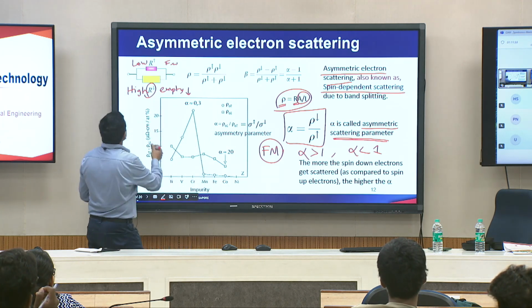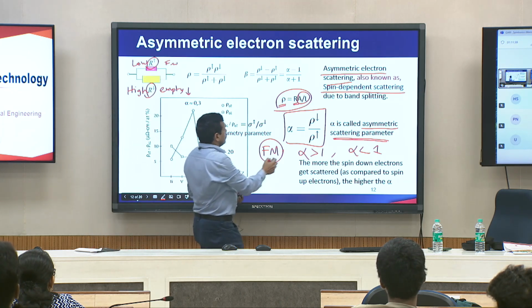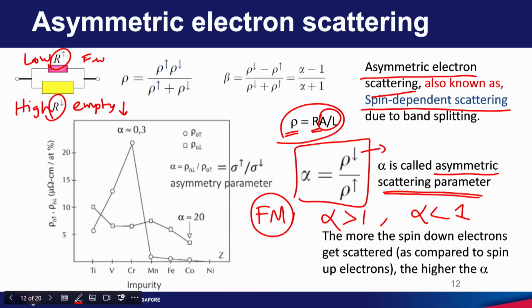Because in ferromagnetic material we learnt that this is low, this is high, so we have a high numerator and lower denominator. So, for ferromagnetic material alpha will be more than 1. For some other material you will have alpha less than 1. Depending on the band structure, some materials will have alpha lower than 1, some will have alpha more than 1.